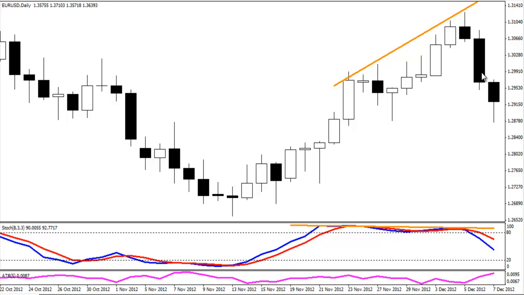The step-by-step process is first of all to identify the stochastic divergence and wait for the blue line, which is the percent K, to flick in the direction that we're looking to trade. Once this occurs, place the trade, which of course is 2 orders. Order 1 has an entry, stop loss, and a first take profit, that being the ATR5, and the second order just has the entry and the stop loss.